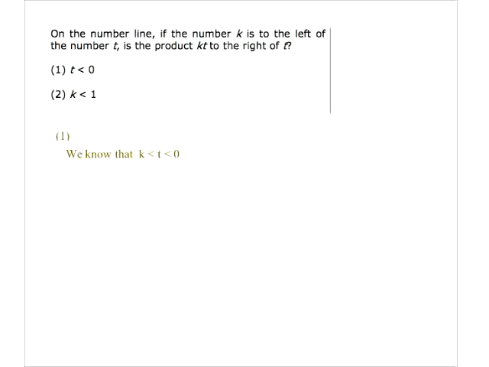So on the number line, we have 0, we have t, and we have k. This is not a scale diagram, but it has to be in this order at some position.